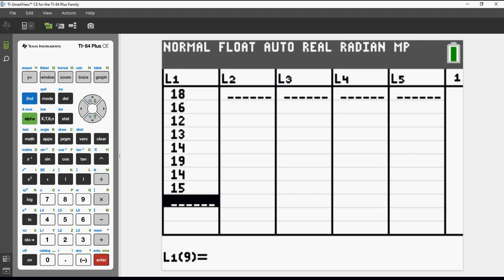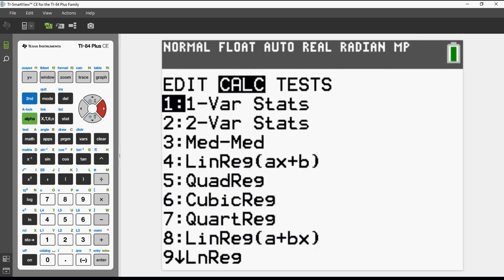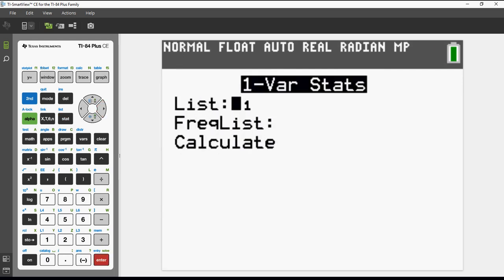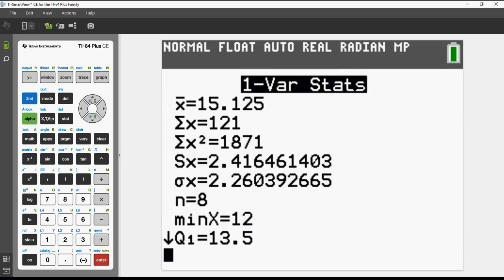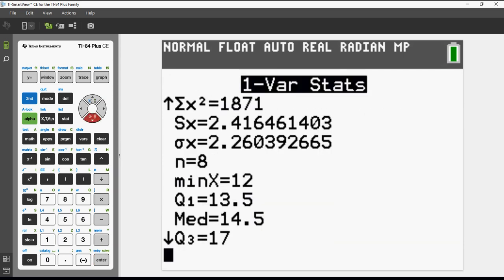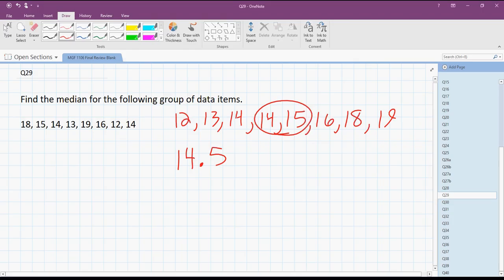So my numbers are definitely not in order, right? But if I run my statistics under Calculate, it still calculates everything that I need. See? Median 14.5. They don't have to be in order. All right, jumping back into our notes.